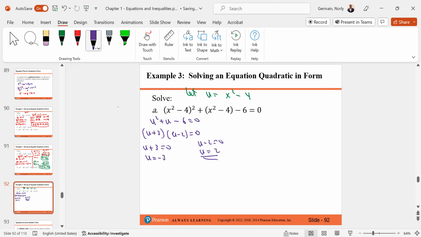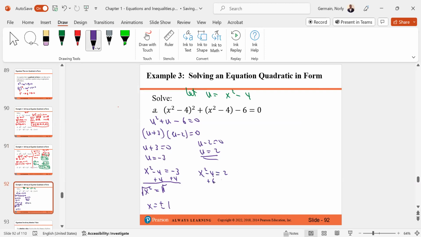So we're going to have x squared minus 4 equal negative 3. If you add 4 to both sides, we have x squared equal to 1. When you take the square root of both sides, x would be plus and minus 1 as our solutions for this one. If you agree, we can continue. The second one: x squared minus 4 equals 2.